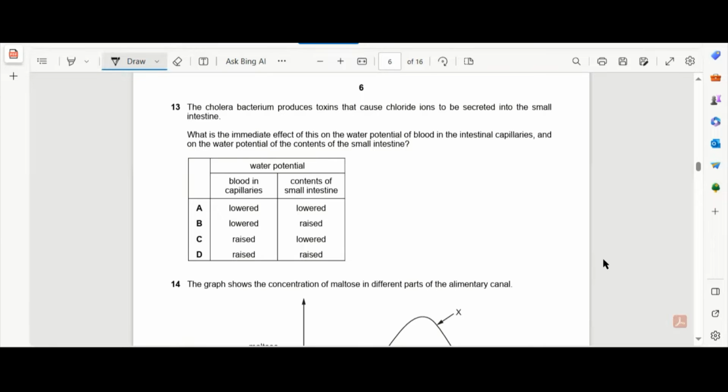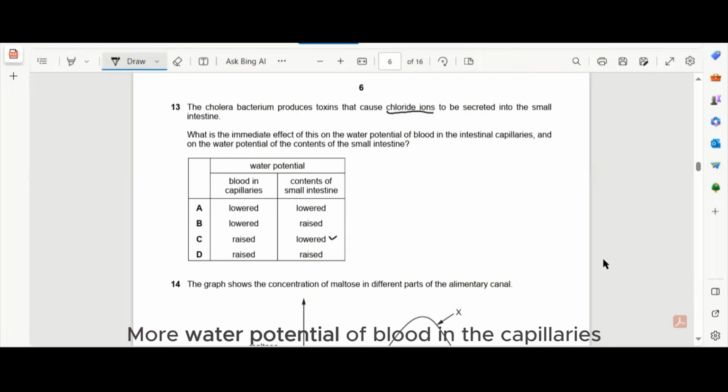All right, so since there is an increase in chloride ions, we can say the solute has increased, so the solution is very concentrated. As a result of the concentrated solution, there will be less water potential in the small intestine and more in the blood in the capillaries. So C is the only correct answer.